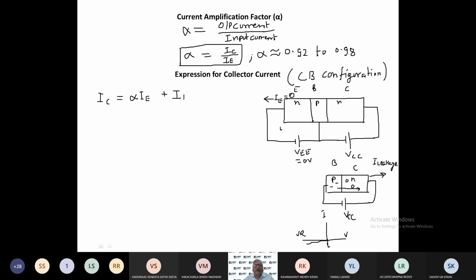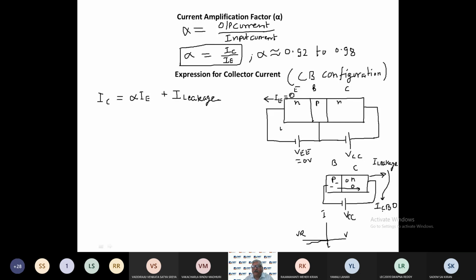So that is I leakage. Right? And this leakage current is denoted by ICBO.